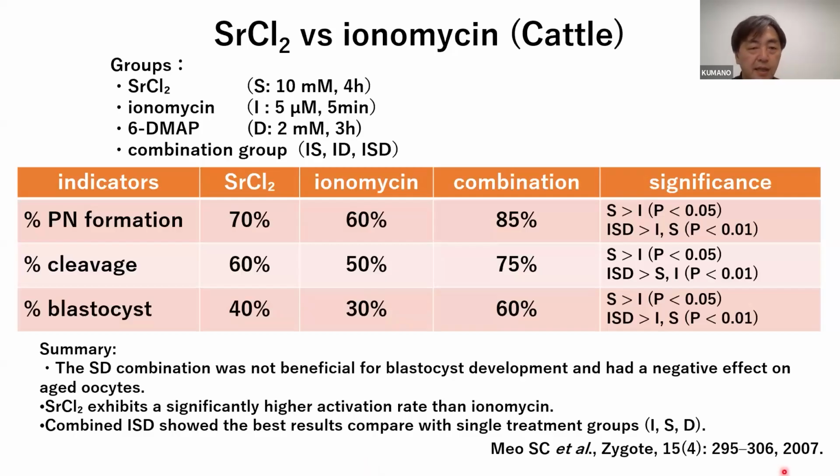The authors compared single strontium treatment, single ionomycin treatment, and combinations. The combination group was composed of 3 groups, namely ionomycin plus strontium treatment, and ionomycin plus DMAP, that is 6-dimethylaminopurine, a MAP kinase inhibitor.